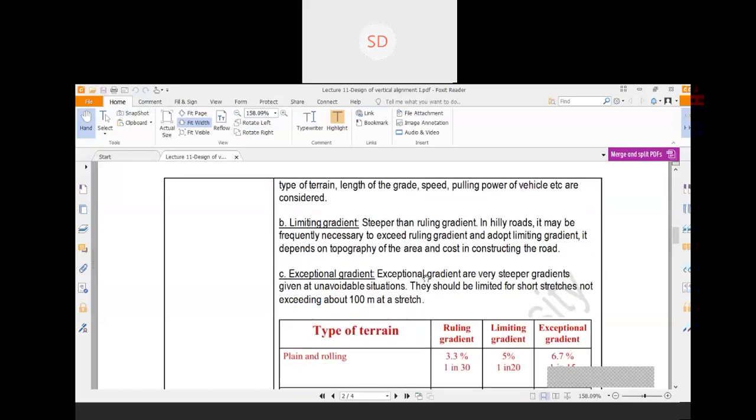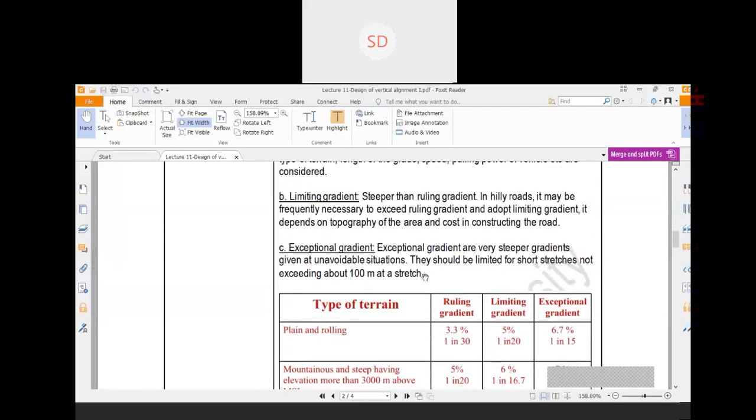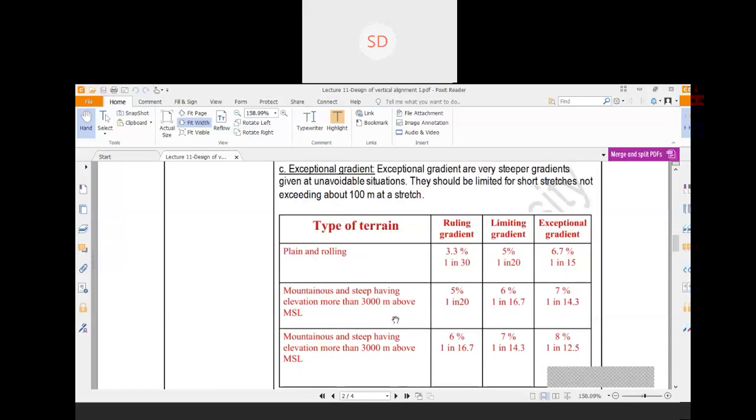Okay. Now next thing is limiting gradient. Limiting gradient is steeper than the ruling gradient. In some hilly areas, what happens? Suppose for mountainous areas, you have to provide 5% if you can go with ruling gradient. But suppose in the site condition there is not enough space to provide for that 5% elevation.